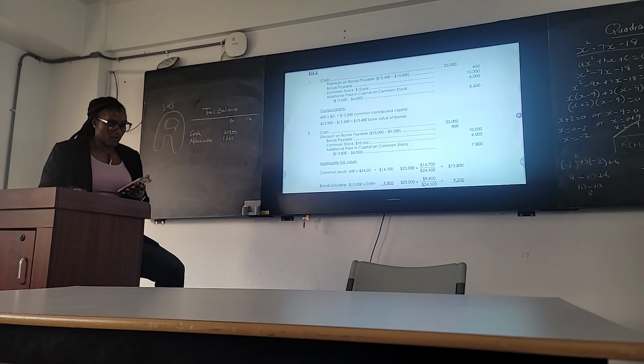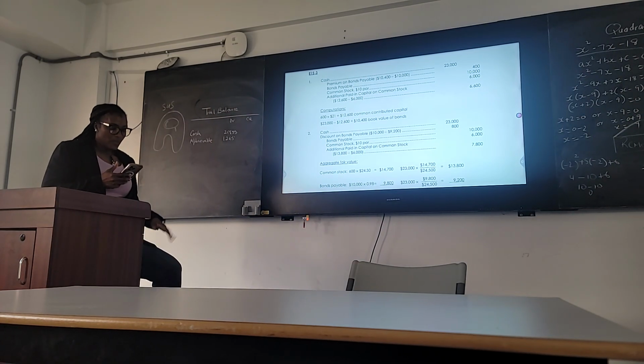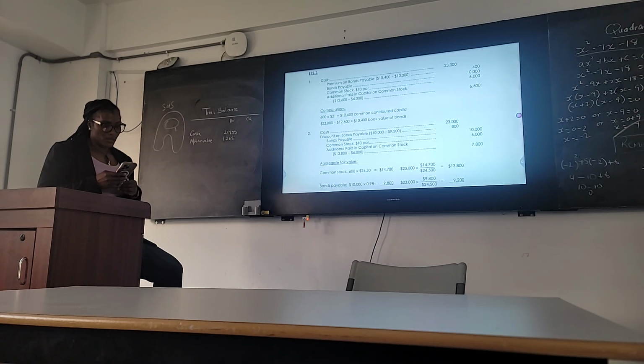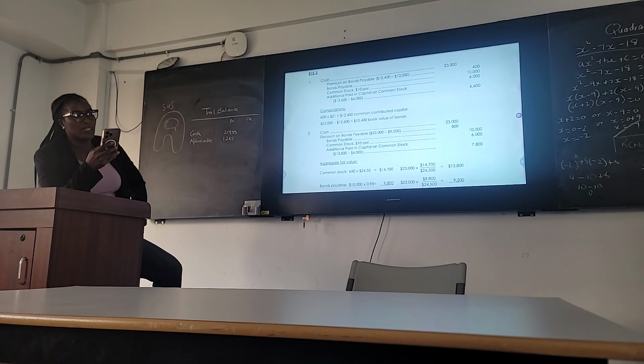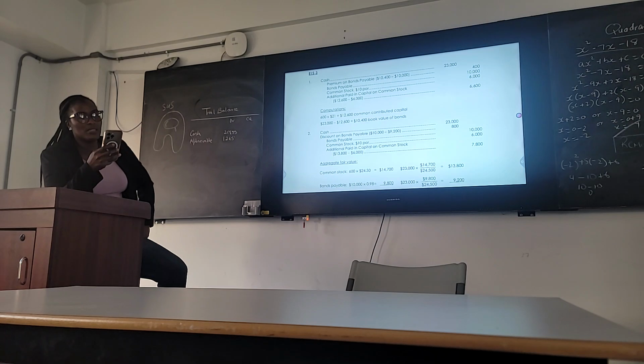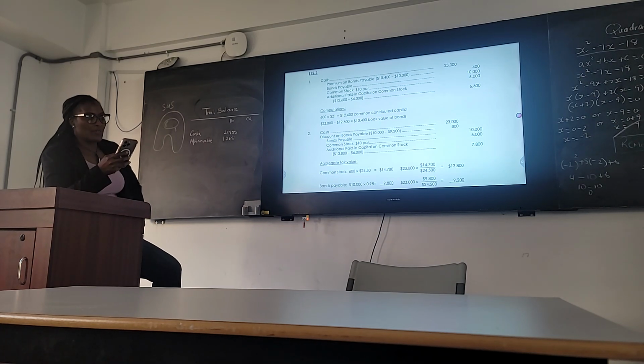In E15-3, we have sale of stock with bonds. Pilsen Company issues 12% bonds with a face value of $10,000 and 600 shares of $10 par common stock in a combined sale, receiving the total proceeds of $23,000.